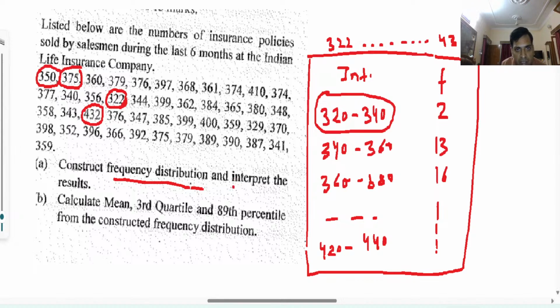And interpret the result. There is no such situation where we can give any interpretation, because this is just a representation of data. Now the second point is calculate mean, third quartile, 89th percentile. This data is continuous data, and it is exclusive continuous data.